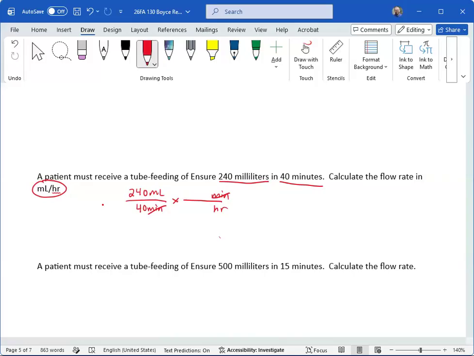That way you're not thinking, oh yeah, there's 60 hours in 1 minute. That doesn't make any sense. There's 60 minutes in 1 hour. So when we do that calculation, 60 times 240 divided by 40, now I'm going to get a big ugly number of 360 mL per hour.